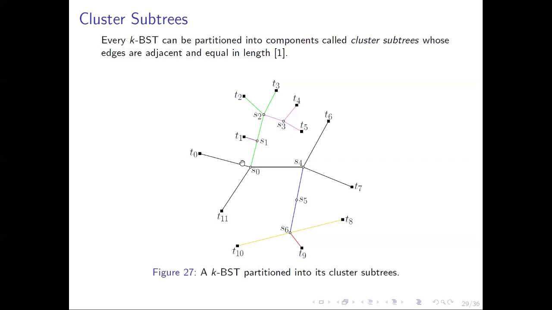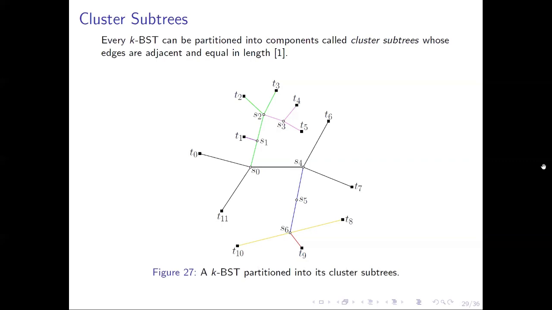So for example, this cluster subtree in black, all of its 5 edges would have equal lengths. And you can have cases where these cluster subtrees branch off other cluster subtrees as well. So you can always divide in this manner.